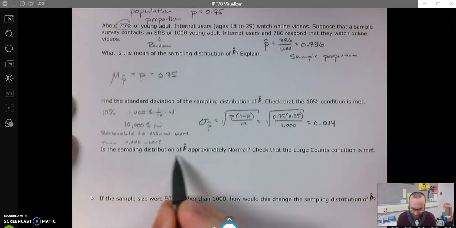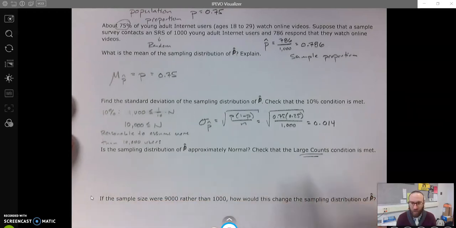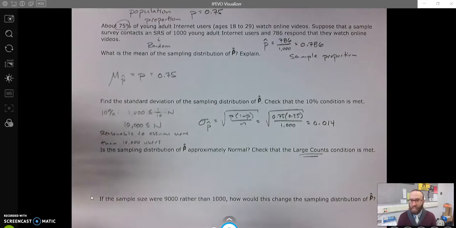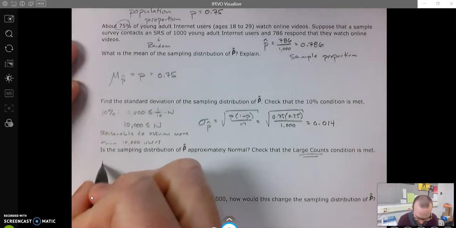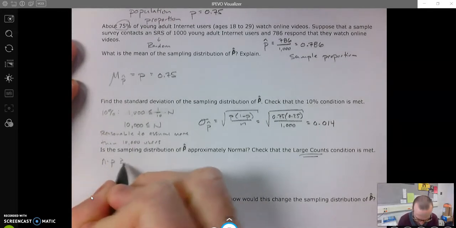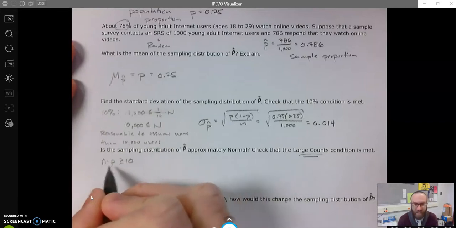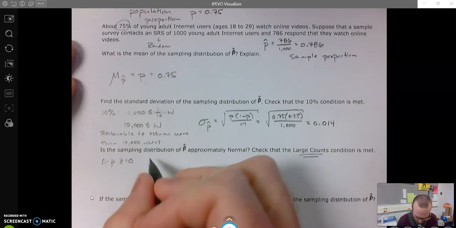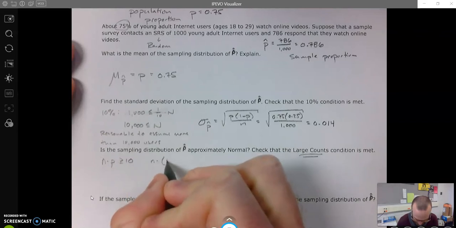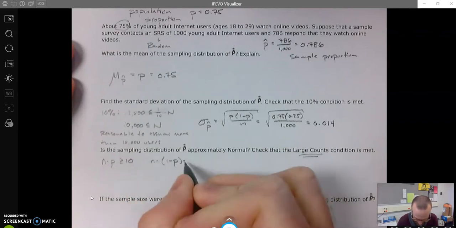Is the sampling distribution approximately normal? This is based on our large counts conditions. We want at least 10 successes and at least 10 failures if we took our sample size times our population proportion, and our sample size times 1 minus population proportion.